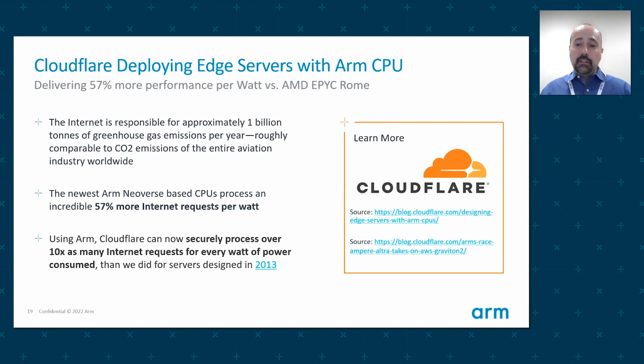Now, Cloudflare can securely process over 10 times as many internet requests for every watt of power consumed versus servers that they had in deployment in 2013. Just a compelling improvement in performance that ARM has been able to deliver.